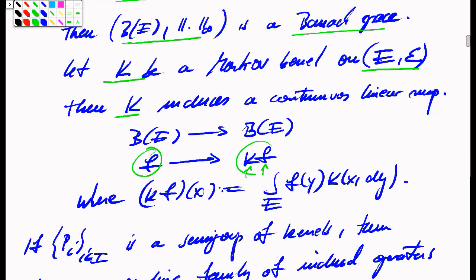So this new function kf is a transformation of the initial function by means of the Markov kernel k. If you evaluate this function at position x in state space, this is defined to be the integral of the f function against the kernel measure at kernel position x.